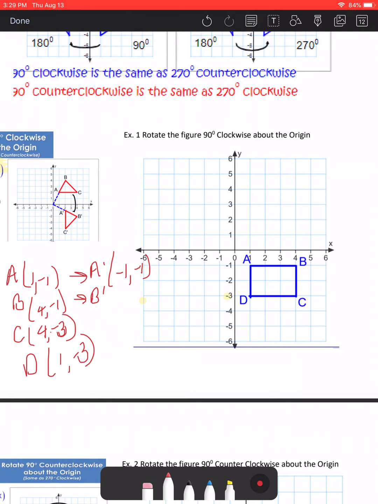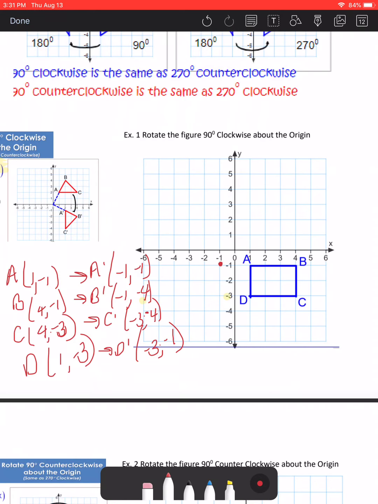B prime would now be located at (-1, -4). C prime would now be located at (-3, -4). And D prime is located at (-3, -1).